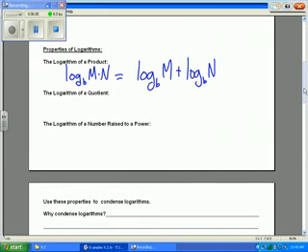Now I haven't actually gone through the proof of this, but I remember it this way. When you do regular exponents and say you have x squared times x to the 7th, what does that equal? x to the 9th. So it's kind of that same idea, how when these are multiplying, our exponents are adding. That's the way I make that connection there.